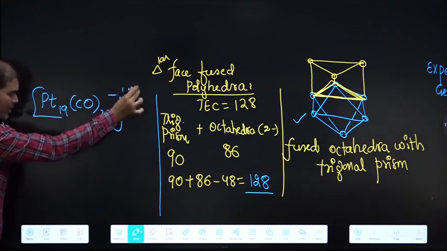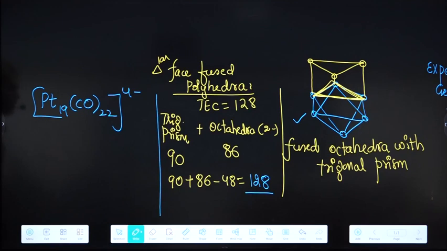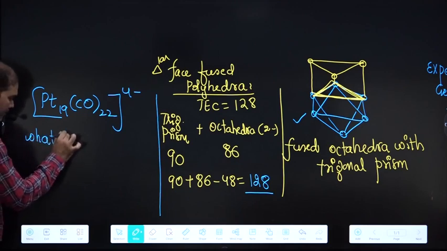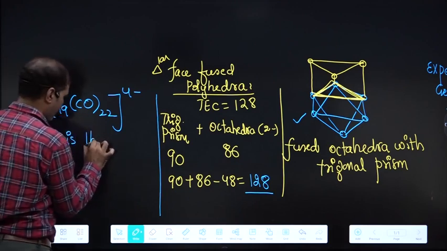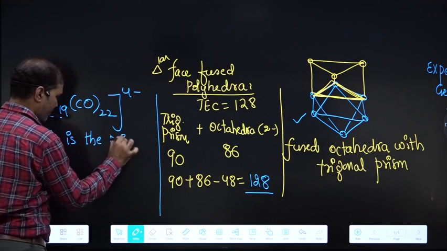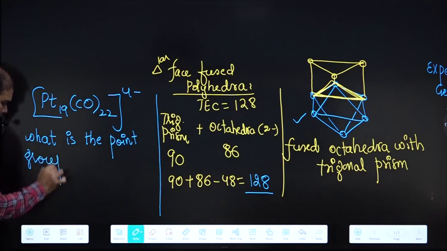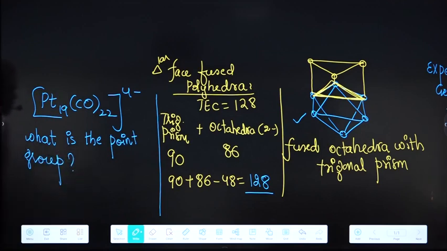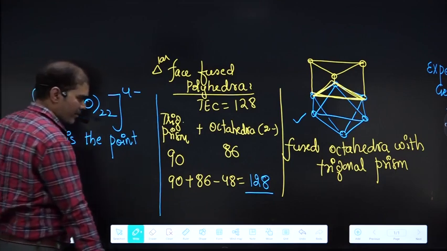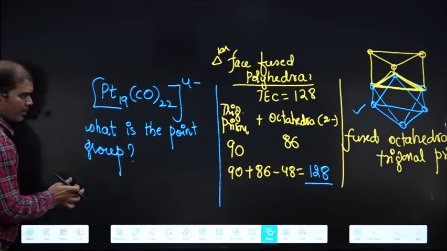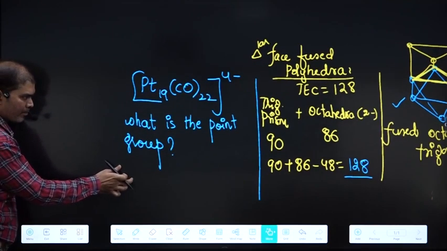A fused polyhedral structure where a trigonal prism is fused with an octahedral triangular face.